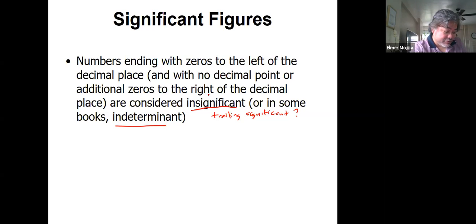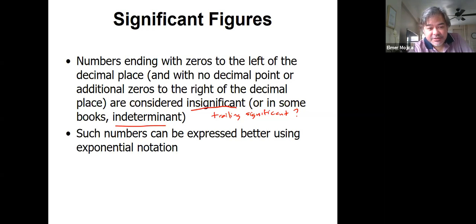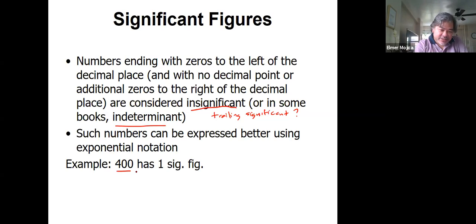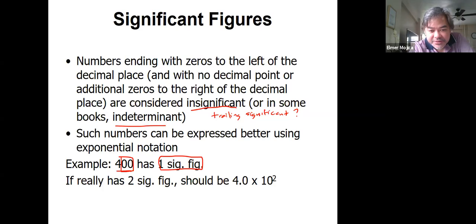The example that we have here, numbers like this can be expressed better using exponential notation. 400 here is just what? One significant figure, and you could say this is trailing zeros. Now, if you want to express it in 2 or 3 significant figures, you have to use scientific notation.